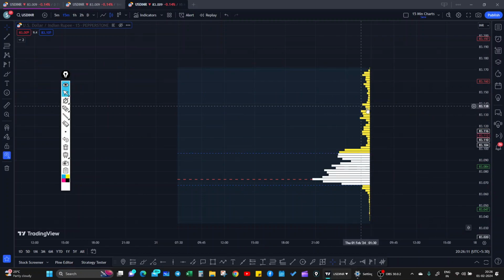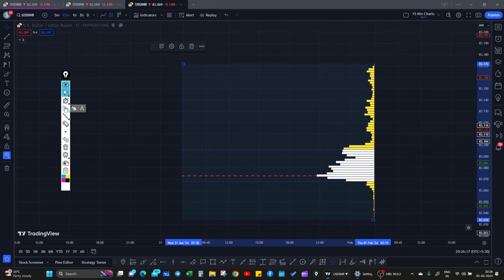So this is the previous day. This is the value area. This is the value area high, and this is the lowest value area, up and down. This is down, this is up, and this is the value area.